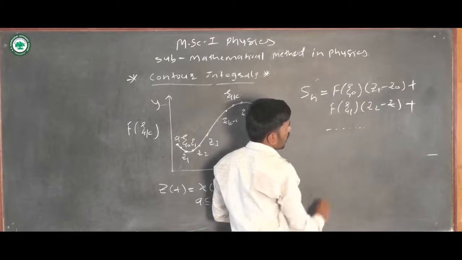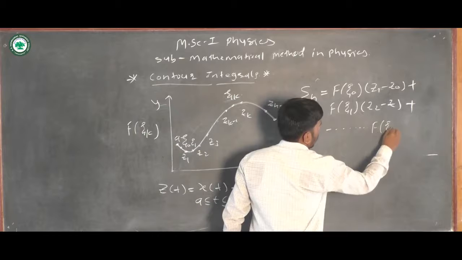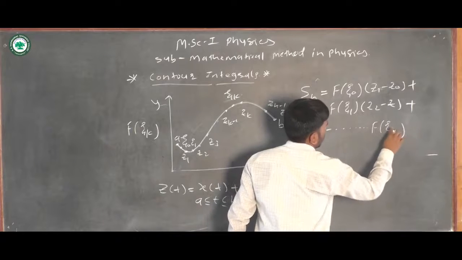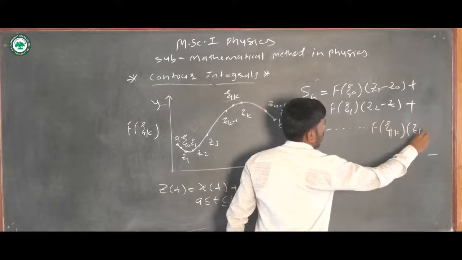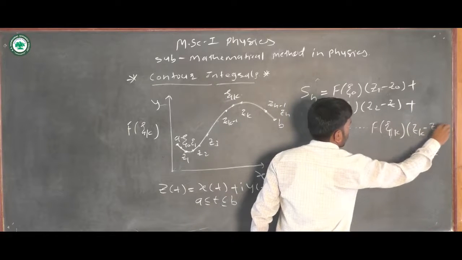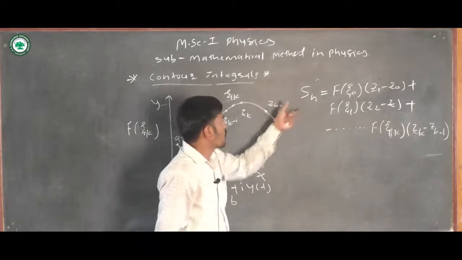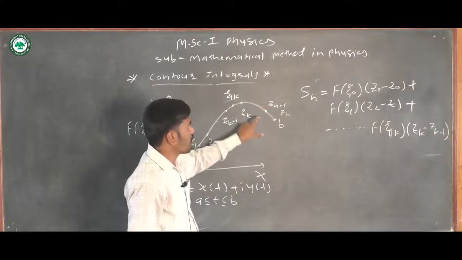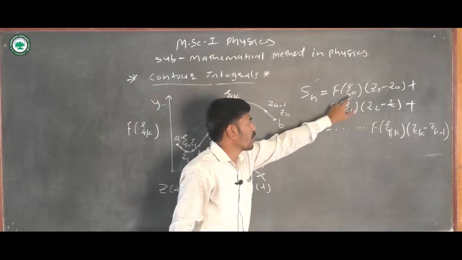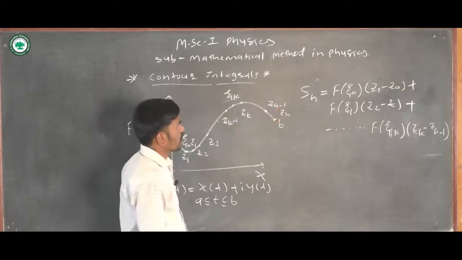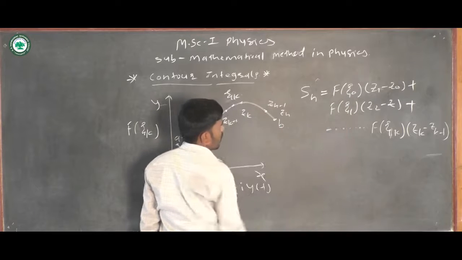If we write all the terms, it is f of psi k times zk minus zk minus 1. So this is the expression, or summation, of the functions corresponding to the arbitrary points, just adding the functions corresponding to psi naught, psi 1, up to psi k.